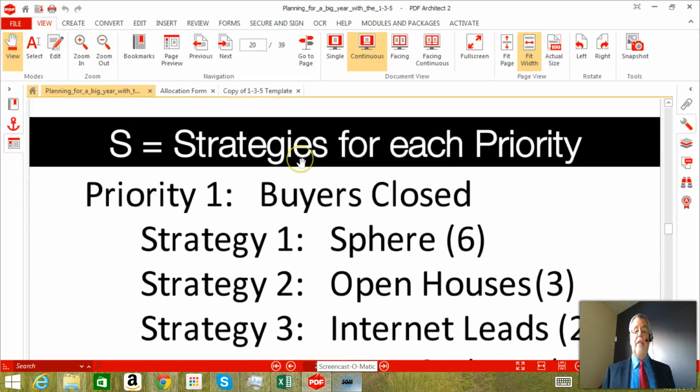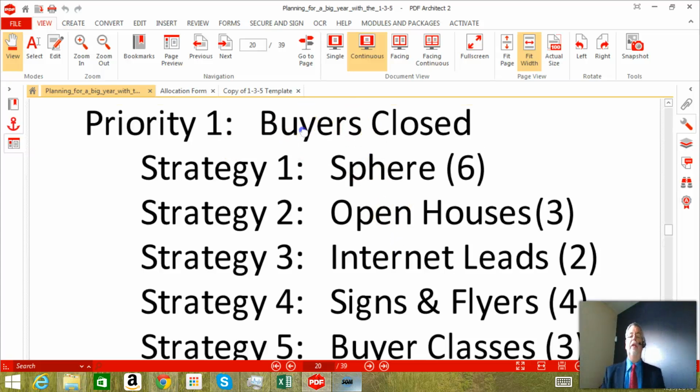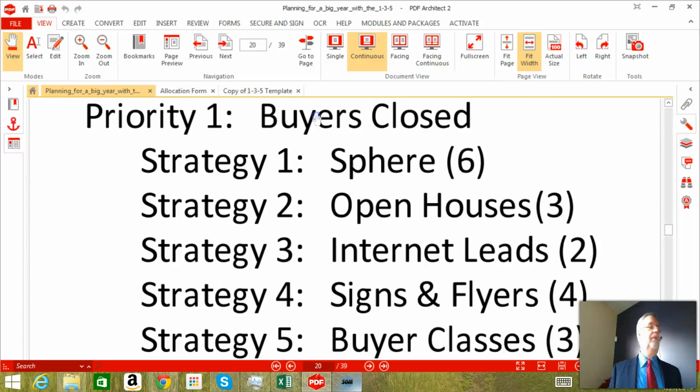So as an example, these are examples of strategy. So once you say, all right, I'm going to close X number of buyers, where are they going to come from? So a sphere of influence. How many? Now this number 6, 3, 2, 4, and 3 were written in on the example that Ben Kinney and Jay Papasan were doing when I heard them do this.